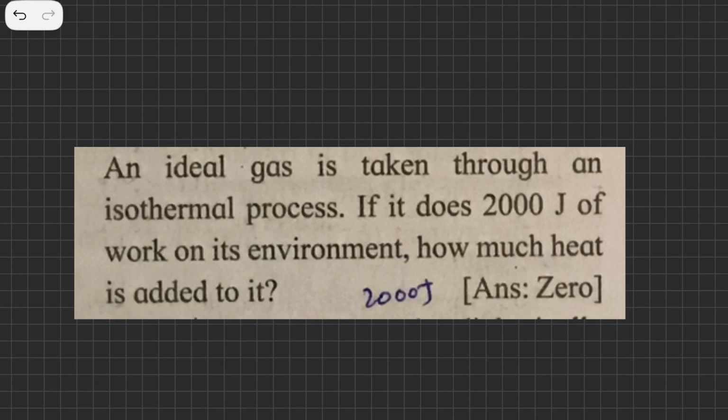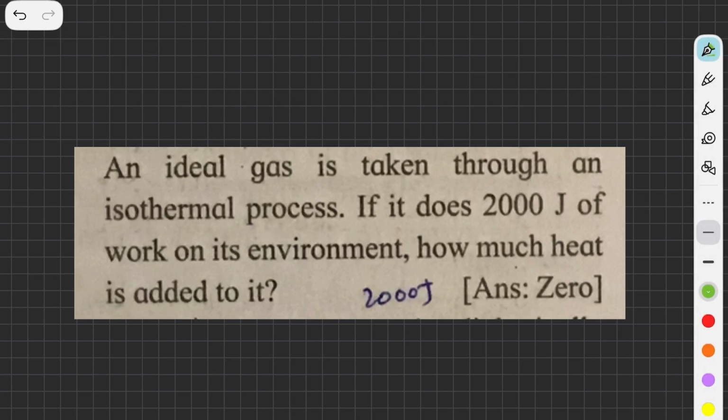Okay, so pause the video and go through the question. In case you have gone through this question, it's an ideal gas and it is taken through an isothermal process. So I would just like to highlight things up here. One is it's an ideal gas, and it is taken through an isothermal process.